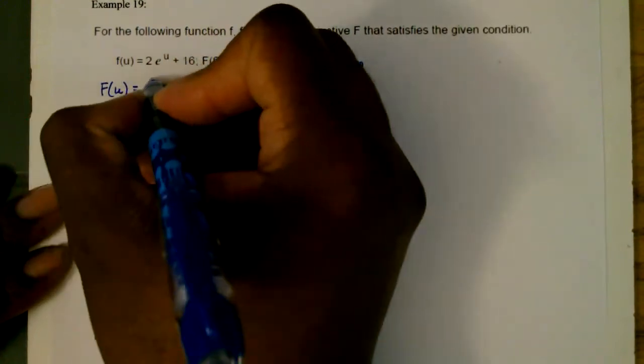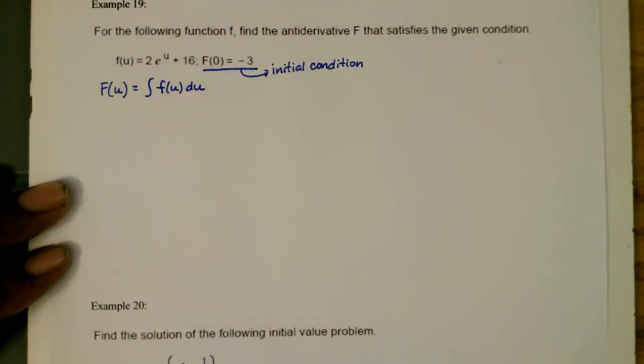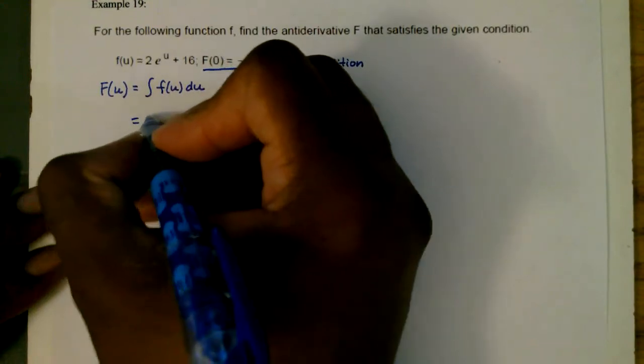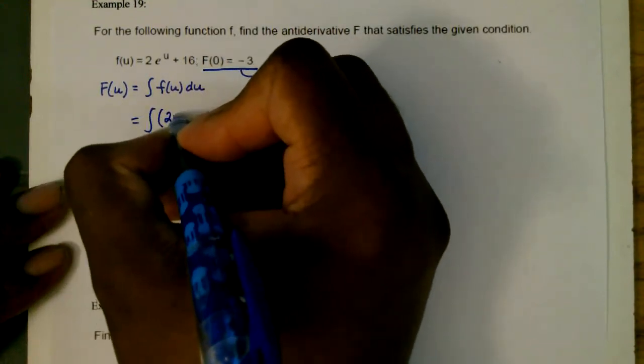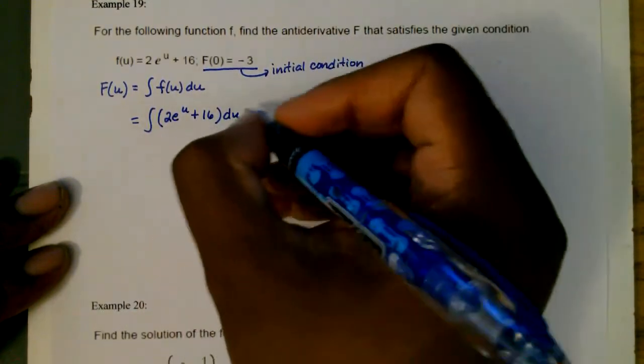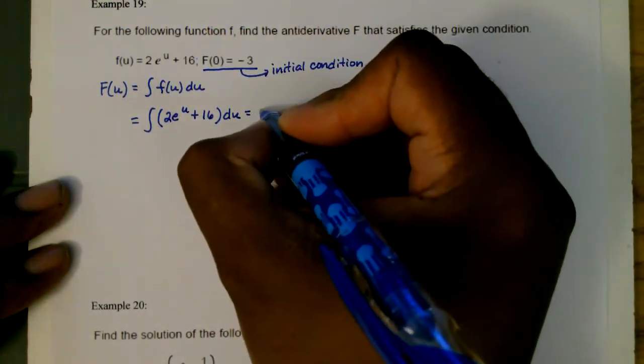So to find capital F of u, we have to take the integral of f of u du, since our variable of integration is in terms of u. And f of u is that 2e to the u plus 16. So here I'm going to have the integral of 2e to the u plus 16 du. In this case here, we'll integrate each piece by doing this.